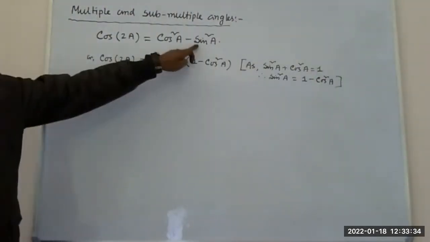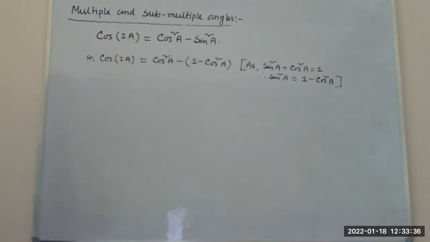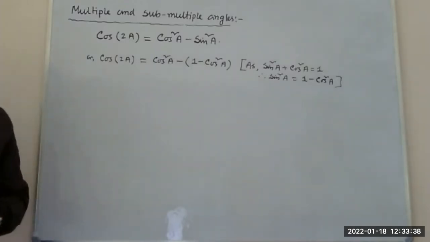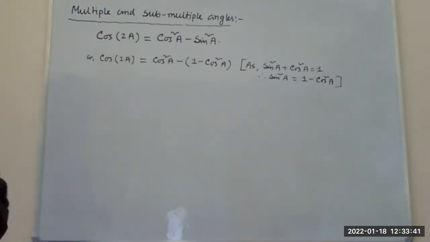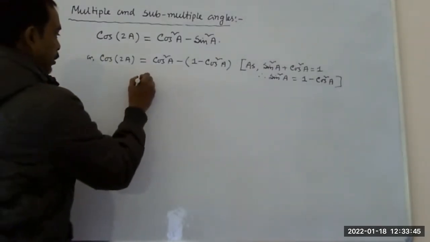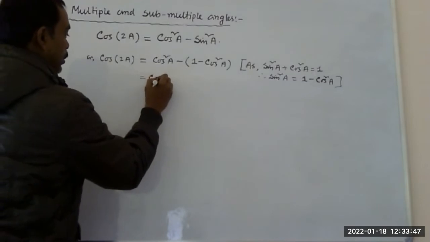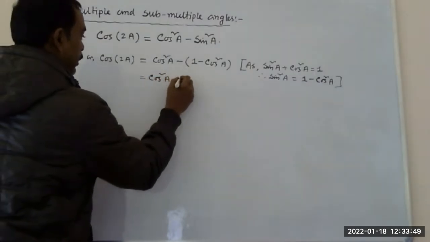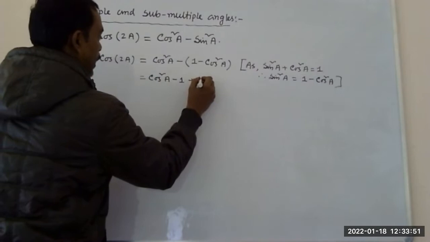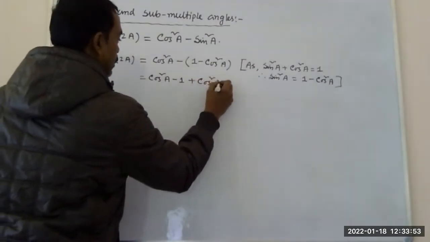Instead of sin square A, we are writing 1 minus cos square A.